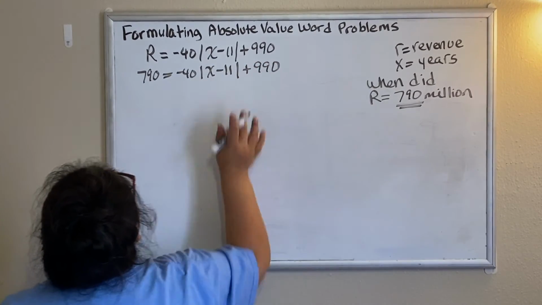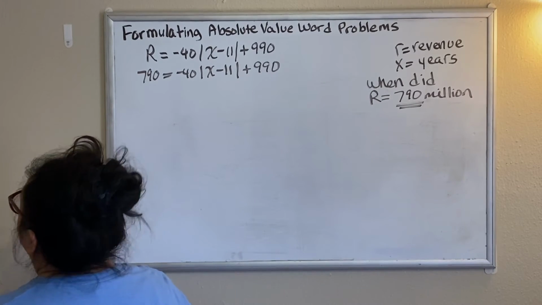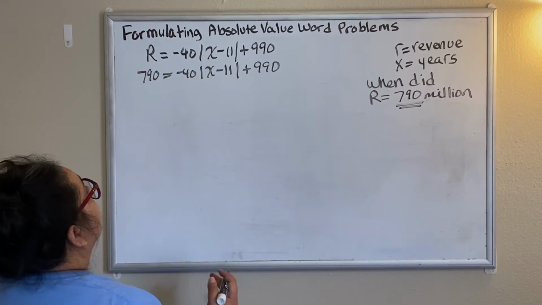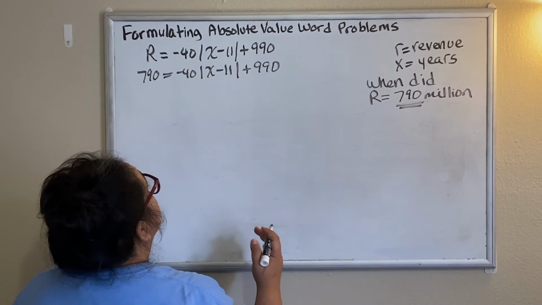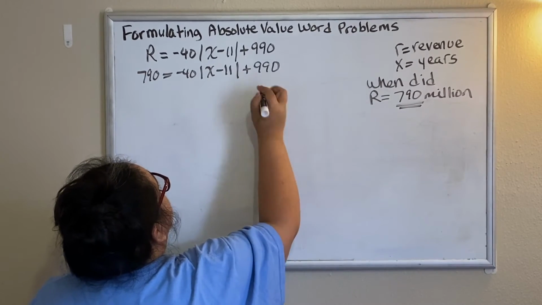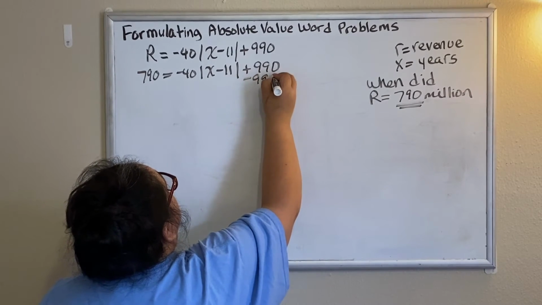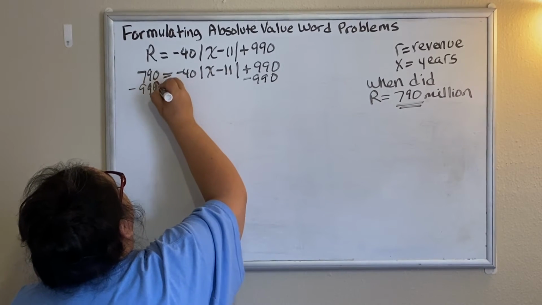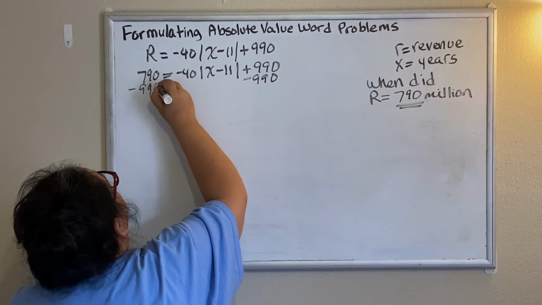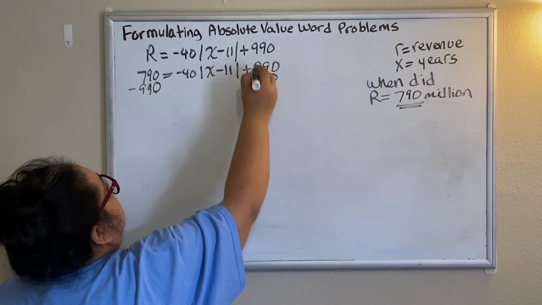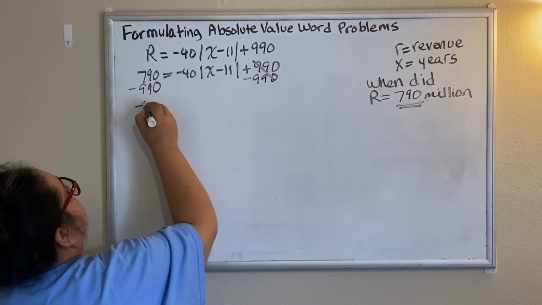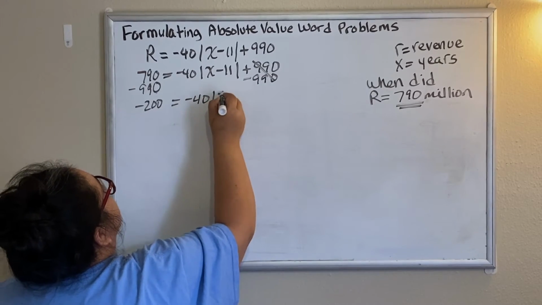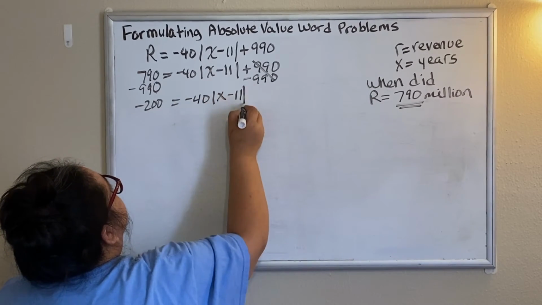So now we have an equation, and we can do reverse order of operations in order to solve. Reverse order of operations says to undo addition and subtraction first. I have addition over here, so we're going to subtract 990 on both sides. This is going to eliminate, and this is going to give me negative 200 equals negative 40 times the absolute value of X minus 11.